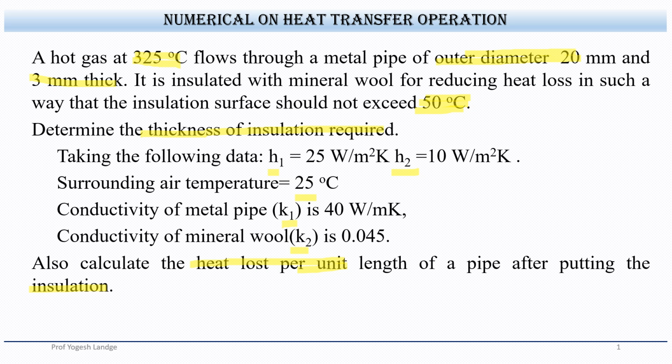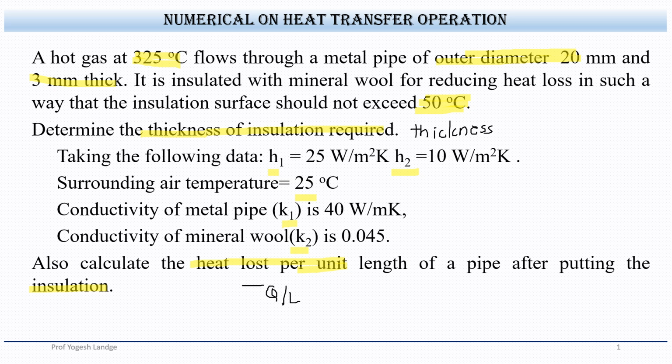We need to know the Q value and the thickness. One is the thickness of insulation and the other is the heat lost, that is Q per unit length. So with the help of the data, we will note down the data with us, and from that we try to get the values.